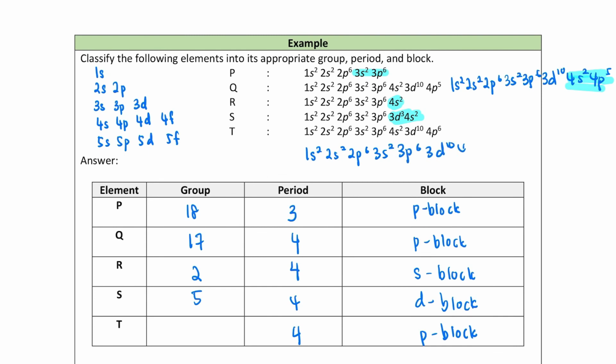So 3d10, 4s2, 4p6. Okay, so now we can see clearly the valence electronic configuration is 4s2, 4p6. Okay, so 2 plus 6 equal to 8 valence electrons. P block, that means we have to add 10, so 18. That means T is in group 18.